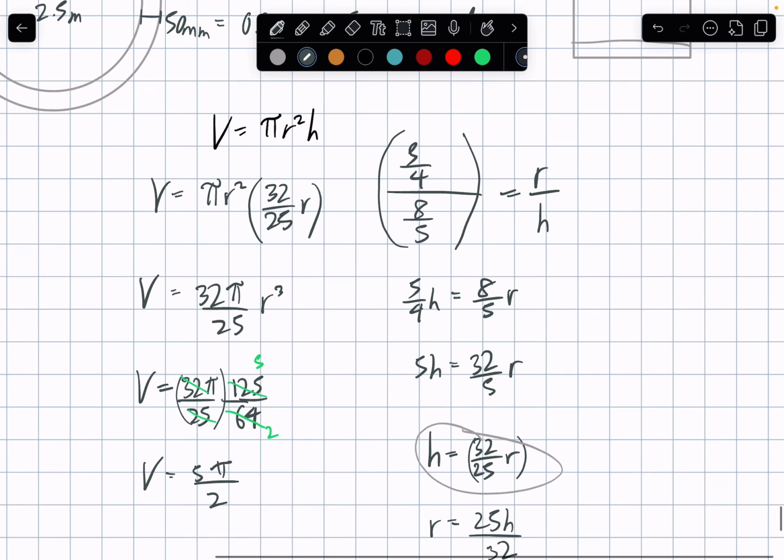Can we simplify this? 5 over 4, 5 over 8. 25 over 32. I don't get why my solution is different from the answer keys.